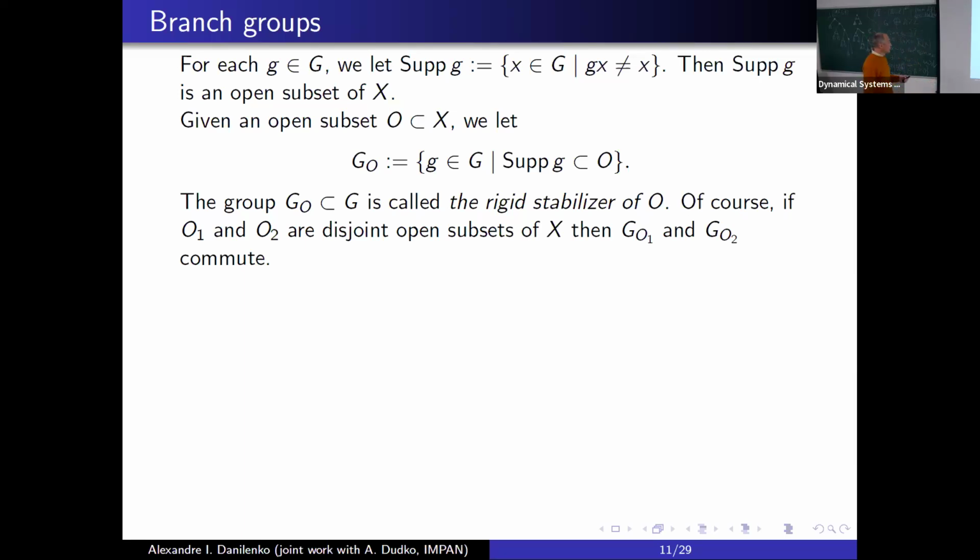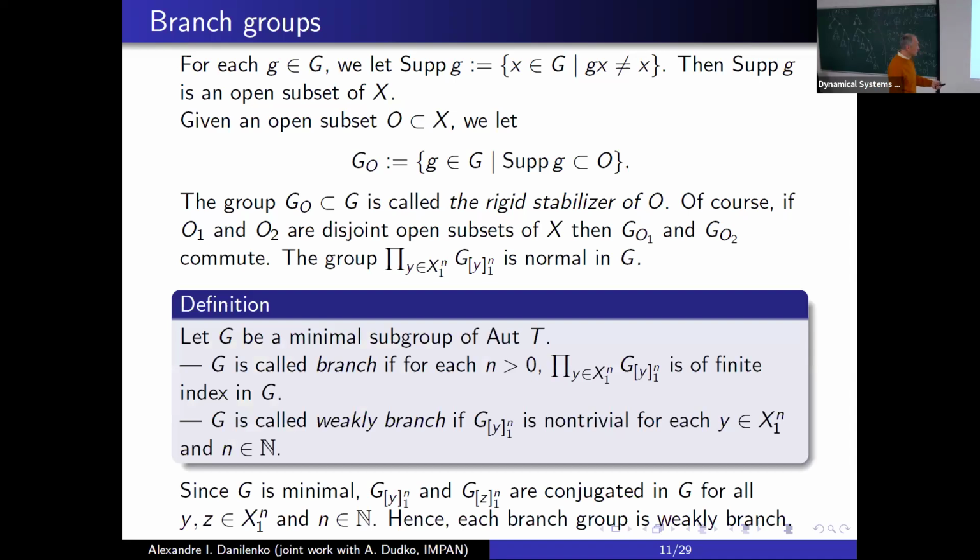If O1 and O2 are disjoint open subsets of X, then of course the groups GO1 and GO2 commute. Then we can consider the product, just the algebraic product of groups, where this open set is just a cylinder of length n.